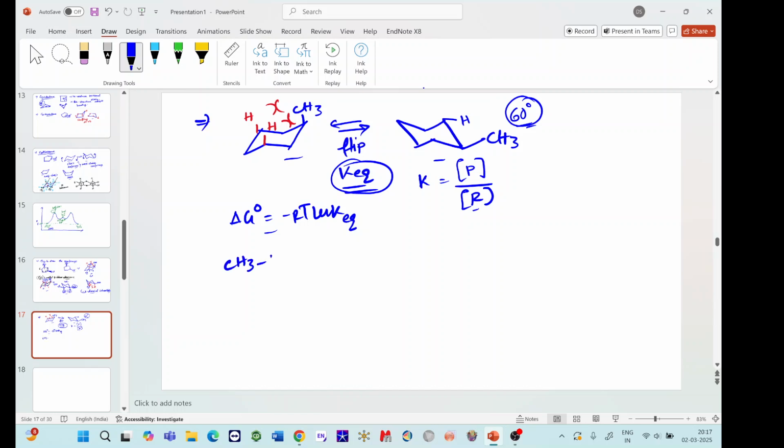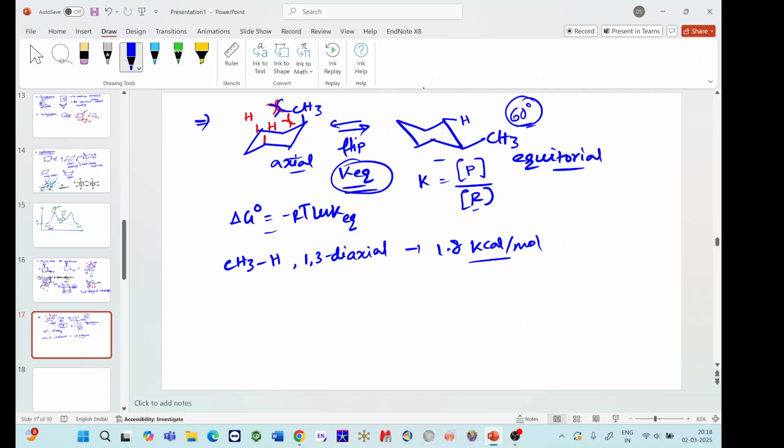Now if you are given all the values, suppose this CH3 H diaxial interaction has the value of 1.8 kilocalorie per mole. If you are going from the axial to the equatorial position, you are removing the interaction.